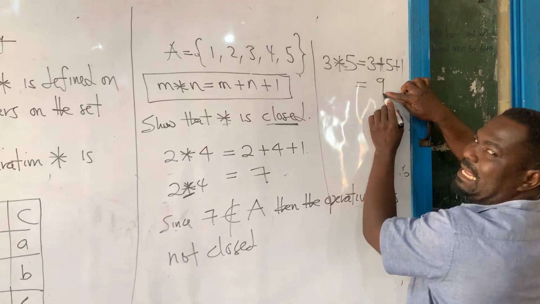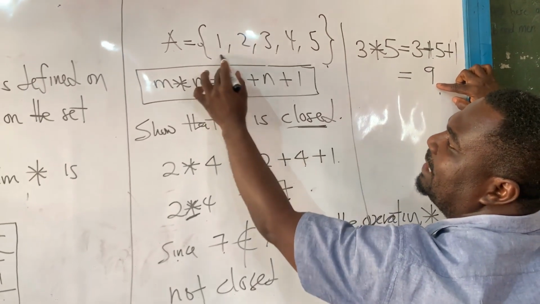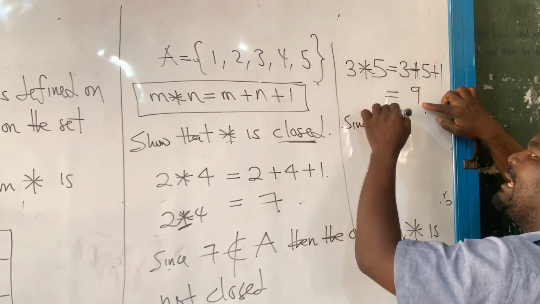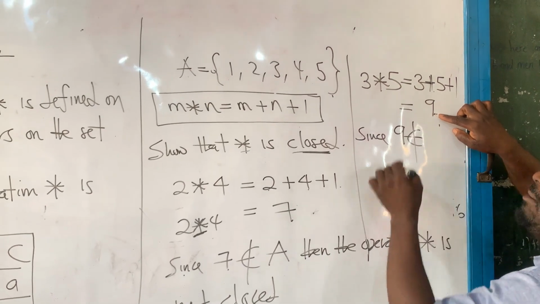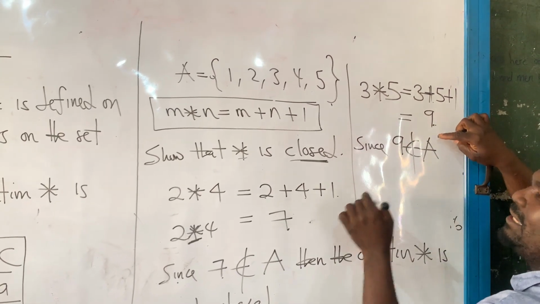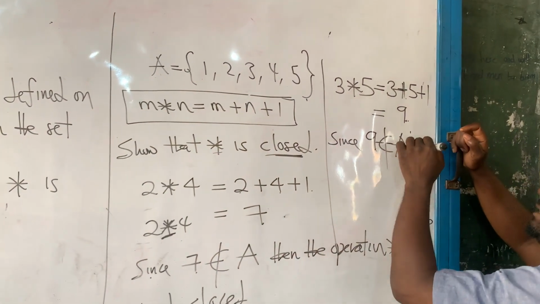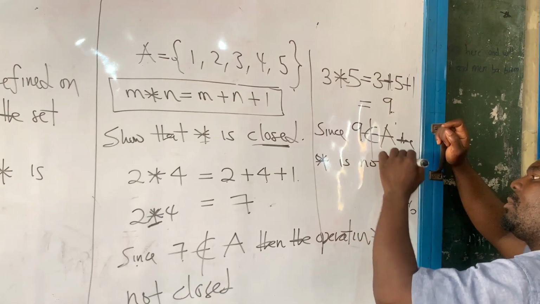Is the 9 we are getting a member of set A? Can we see 9 here? So since the answer 9 does not belong to set A, star is not closed.